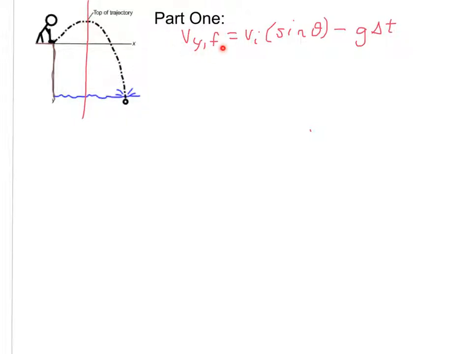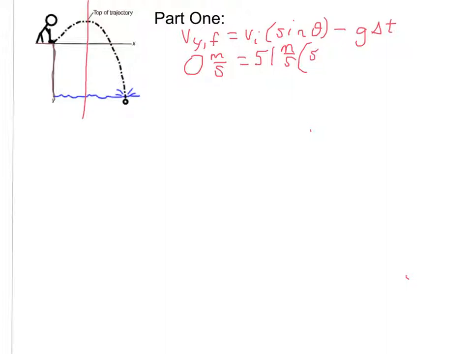So we know this is going to be 0 meters per second. We know the initial velocity because we were given that in the problem. It is 51 meters per second. So our initial velocity is 51 meters per second. We also know the angle at which this trajectory was launched, a 15-degree angle.